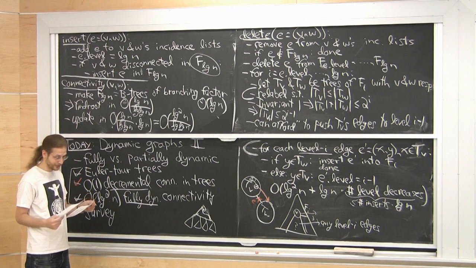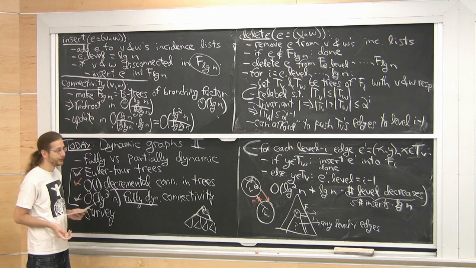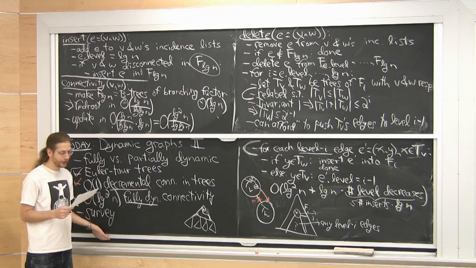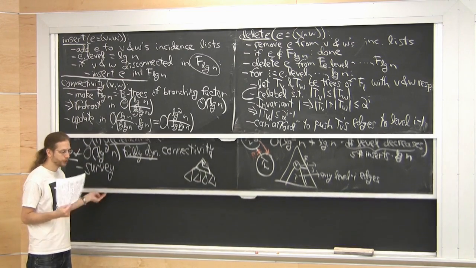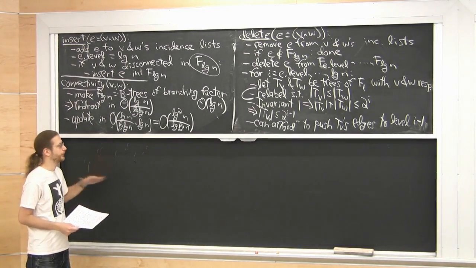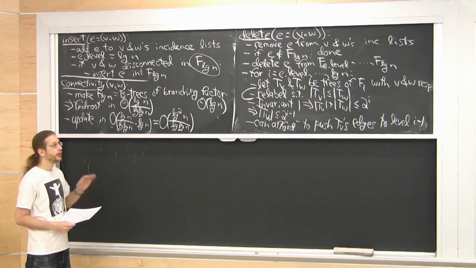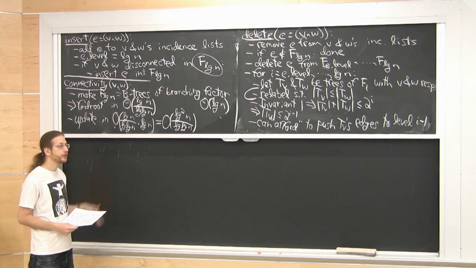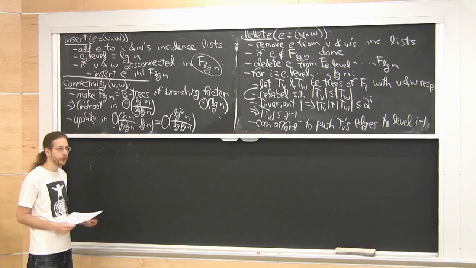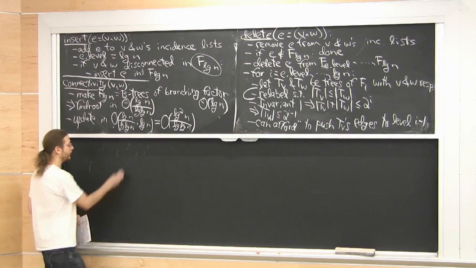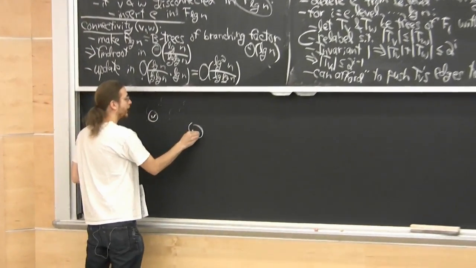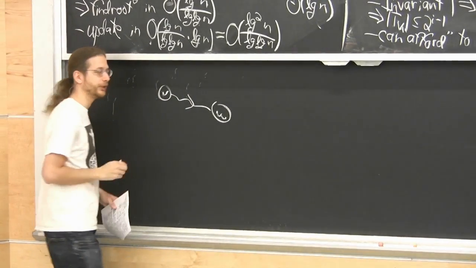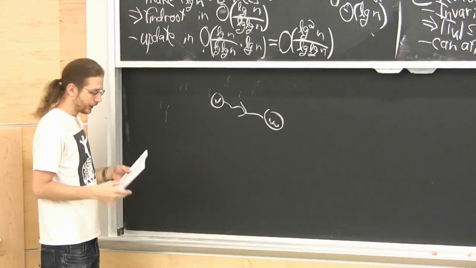It's like n to the 2/3. Directed graphs, things get really hard. There are two problems I've surveyed here. There's probably more, but the most fundamental question, the analog of connectivity, is what I call dynamic transitive closure, which means given two vertices V and W, I want to know, is there a directed path from V to W instead of undirected?